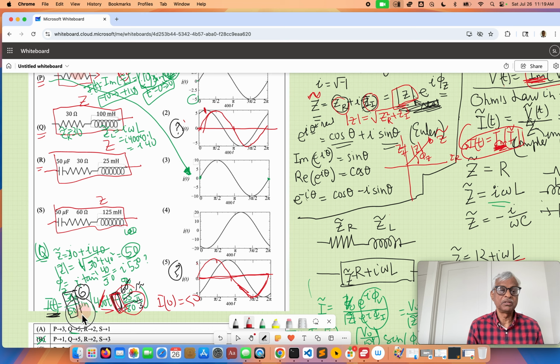The sine will be a negative value, like say pi over sine 30 degrees, and this sine 60 degrees is root 3 over 2, so it's going to be some negative value, a little bit less than 6.